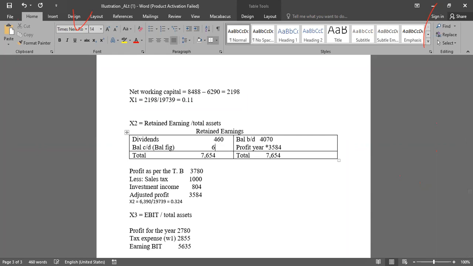Balancing figure will be what this time? You have a 1, 9 rather, and a 1, 6, 1.